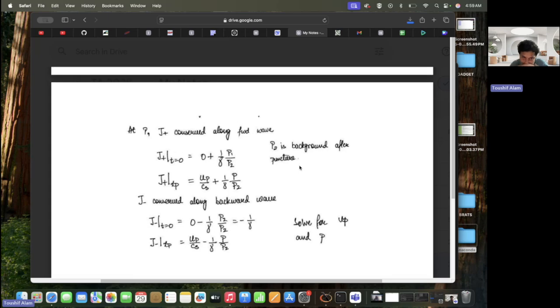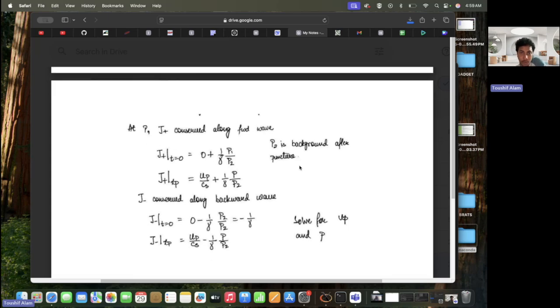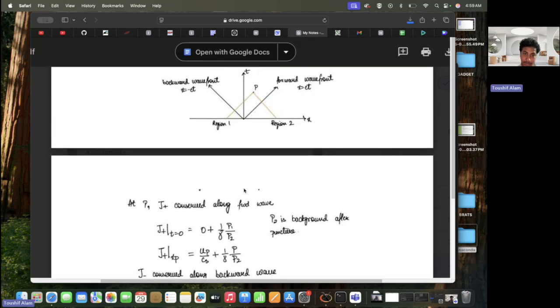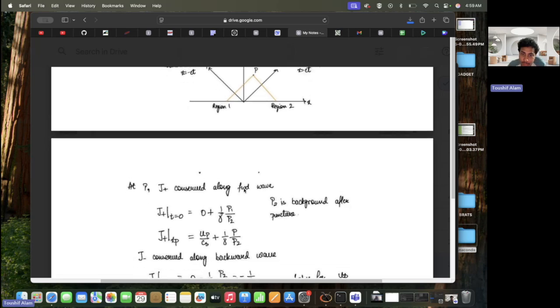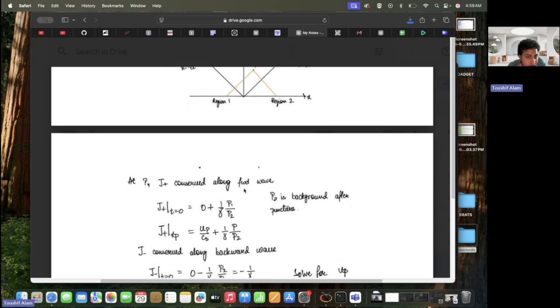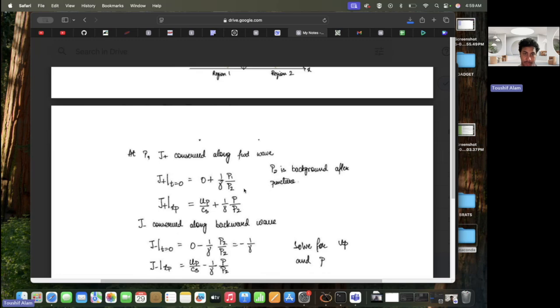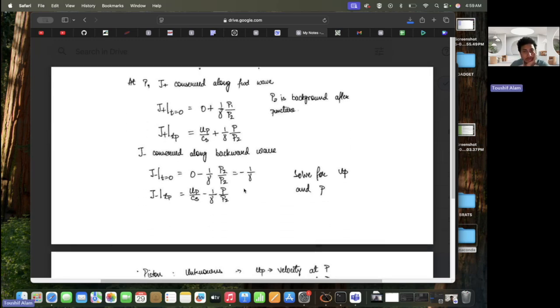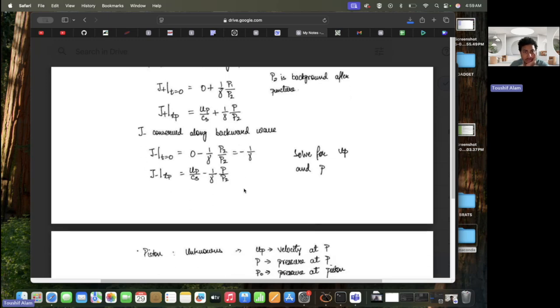So J plus is conserved along the forward wave. J plus at t equals 0 will be 0 plus 1 by gamma P1 by P2, where P2 is the background affected by the puncture. J plus at x_p will be u by Cs plus 1 by gamma P by P2. J minus is conserved along the backward wave. So J minus at t equals 0 will be this minus 1 by gamma. J minus at x_p will be this.